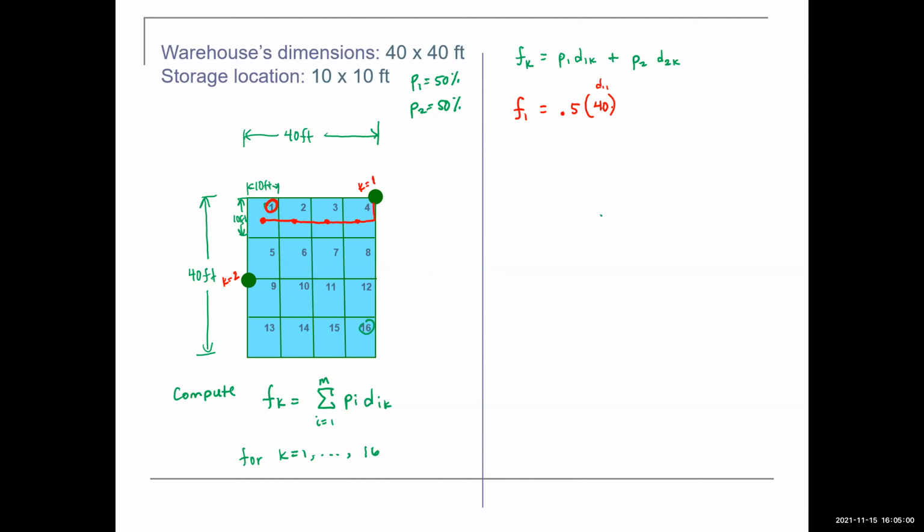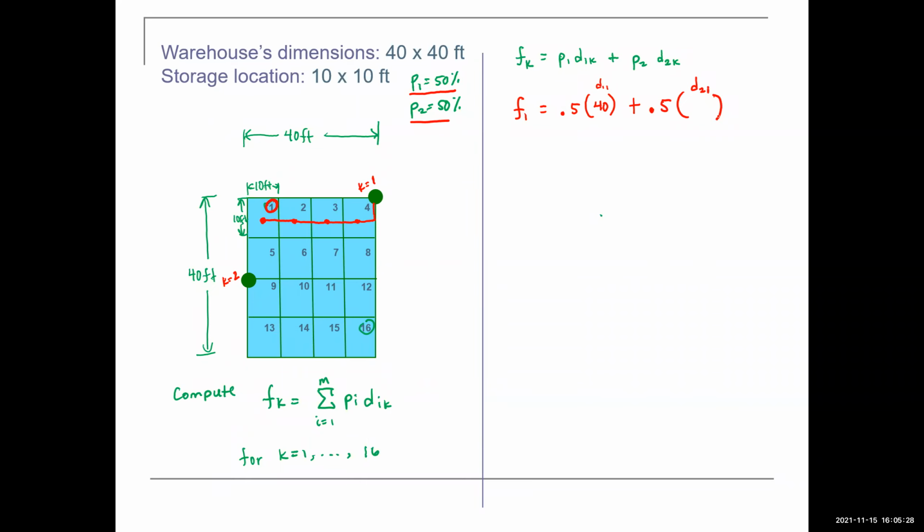So that D11 equals 40. And now we're going to measure the distance. Probability of going through door number 2 is also 0.5. Okay, so those values were given. And now we're going to find distance 2, 1.